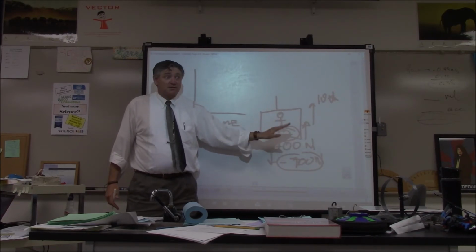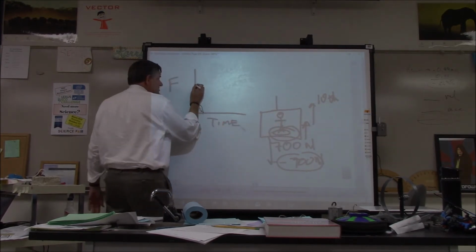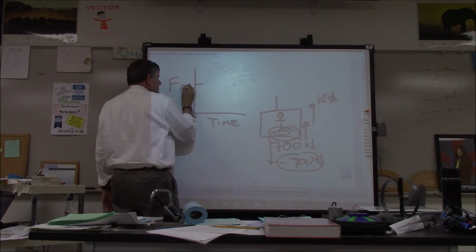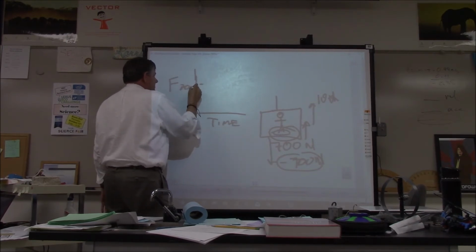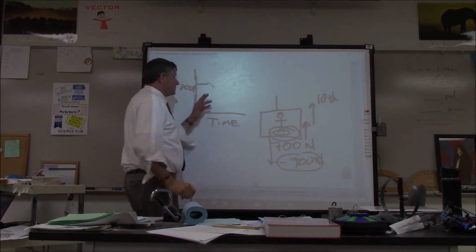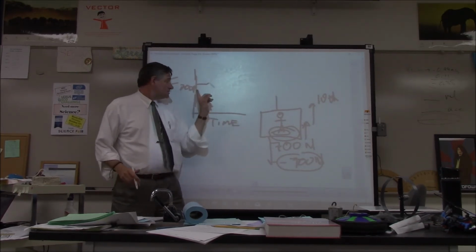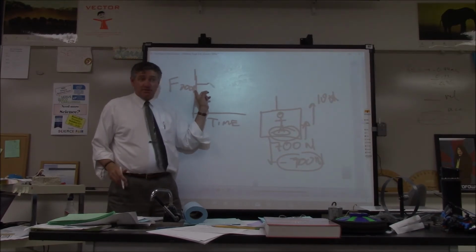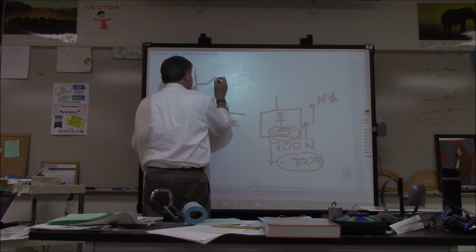Yes. That requires an imbalanced force, right? So when you're just standing there, that scale is reading 700 newtons. Now, the doors close, and you begin to accelerate upward. What's the reading on the scale going to do? It's going to go up a little bit while you're accelerating.